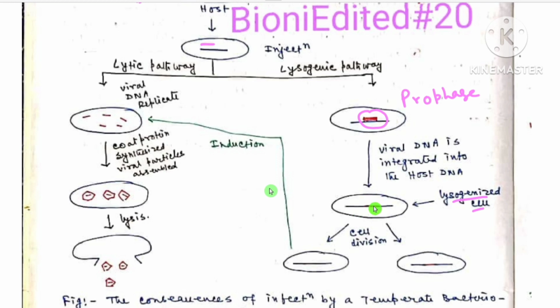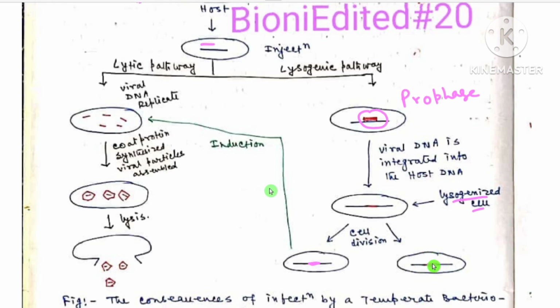That means in their genetic material you can find the viral DNA. When this bacterium undergoes reproduction or cell division, the viral DNA will also be replicated with the host genome, and this is the process by which they increase the number of their genetic material.